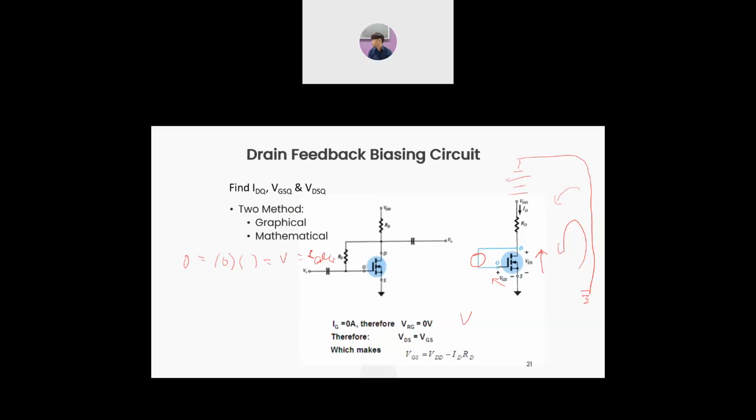It's minus VDD, then IDRD, and then plus VDS equals 0. Since VDS is equal to VGS, we have VDD minus IDRD, and we replace VDS with VGS, equals 0. Then we rearrange again, so you will have VGS equals VDD.